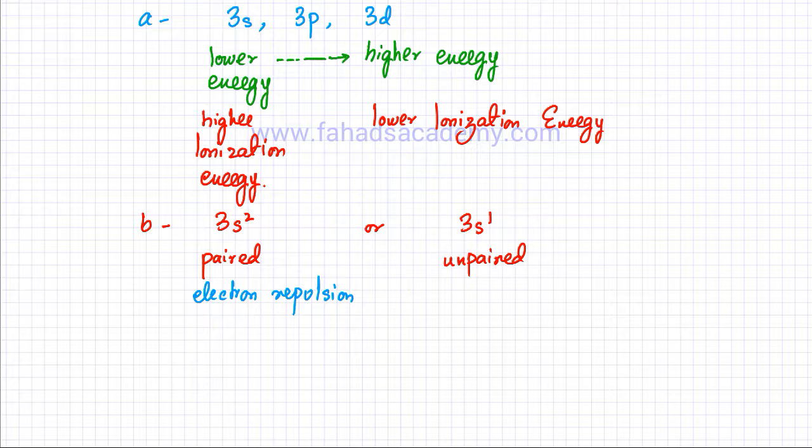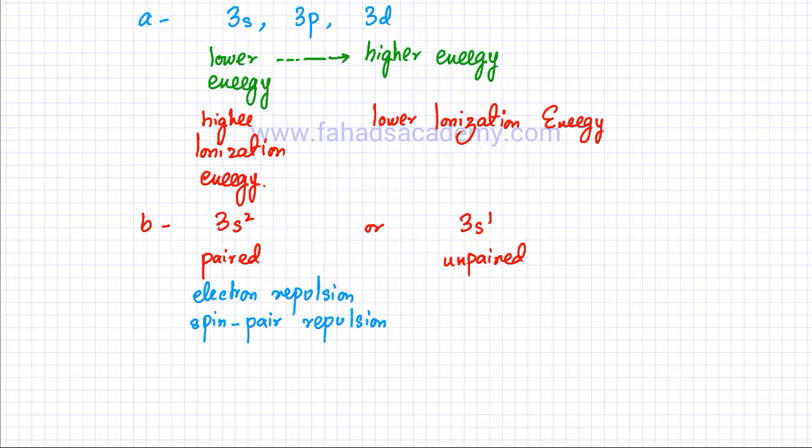Whereas there won't be any electron repulsion in the 3s1 orbital because there's only one electron, there's no other electron to repel it. The term given to this is called spin pair repulsion, which means that both the electrons which are paired are repelling each other.